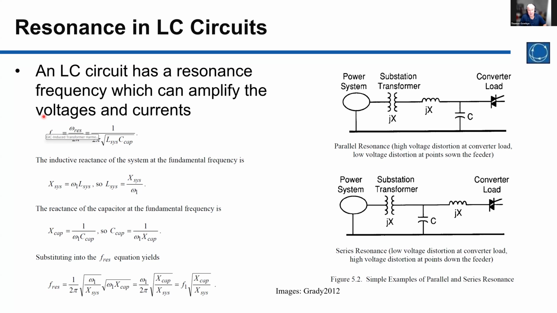Now, we design the electric grid so that it does not show resonance at the fundamental frequency, but it does have the potential to have resonance at some of the harmonic frequencies. The equations on the left are some that I got from McGrady's document. If you want to know how the values of X capacitor and X system impact the resonance, it's given there.